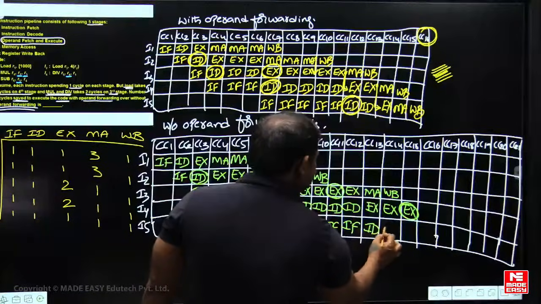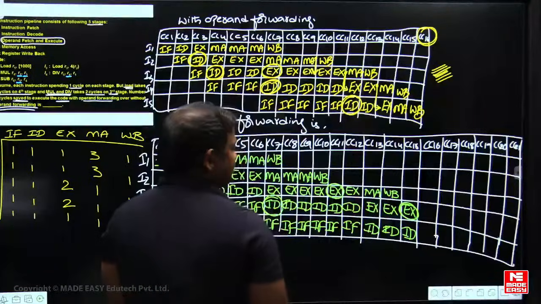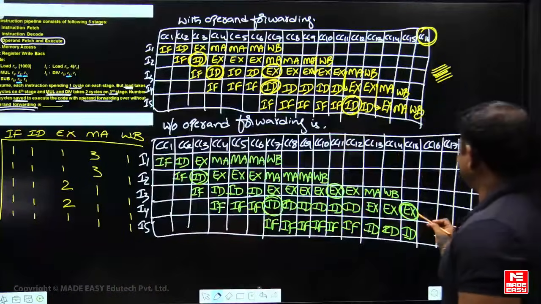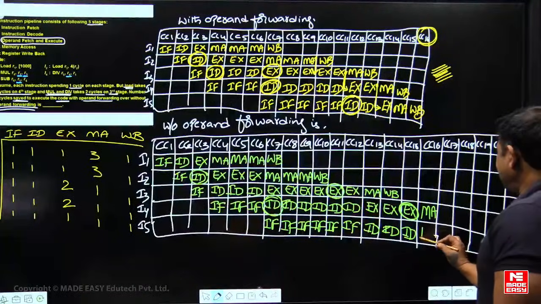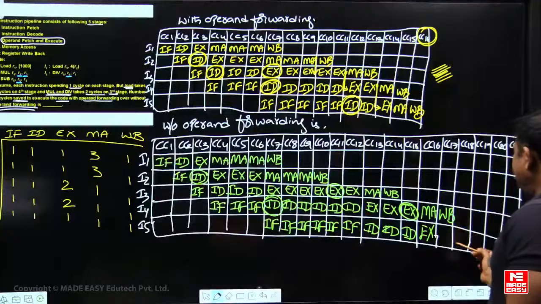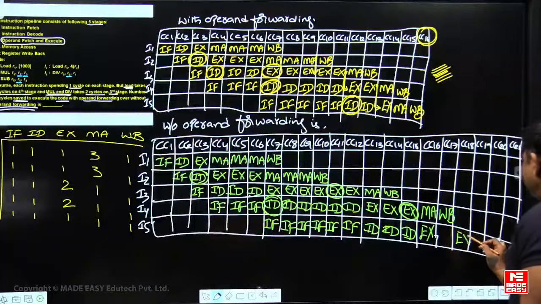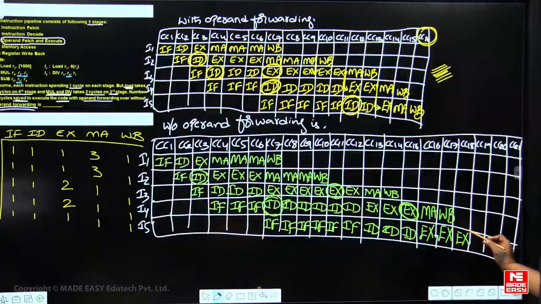Now this is in ID, this is in ID. Again ID. All right. So after EX, it moves into MA. Correct? Now this is coming into EX. Then it moves on to WB. After WB, operand fetch immediately. Okay. So now EX, right?